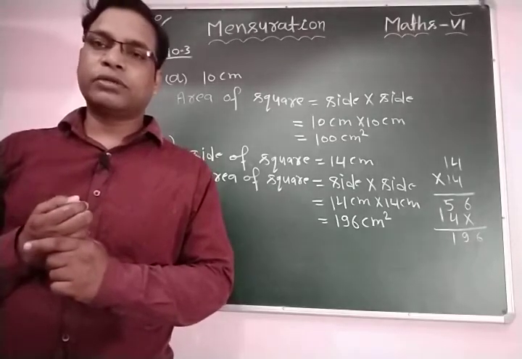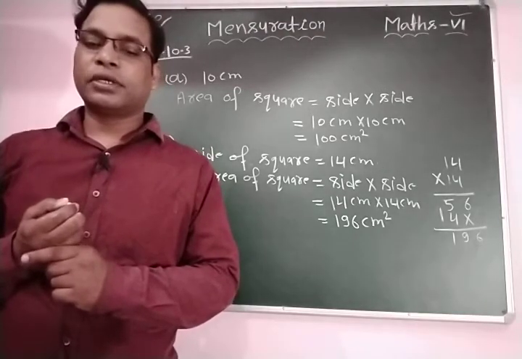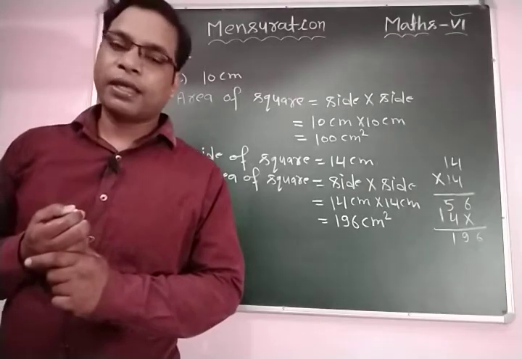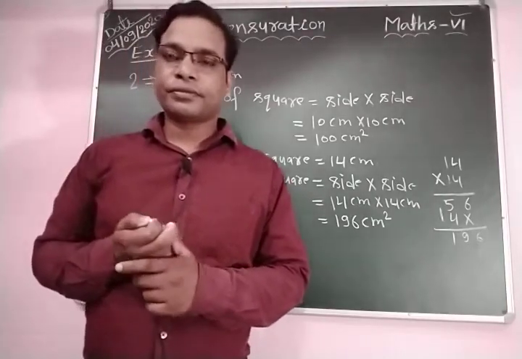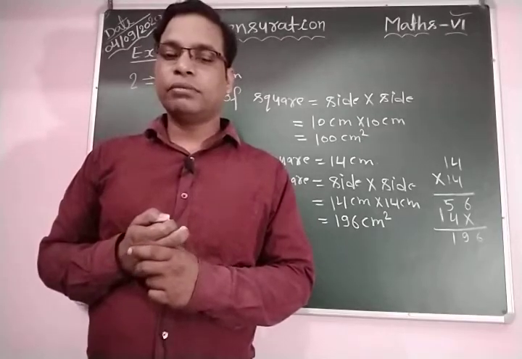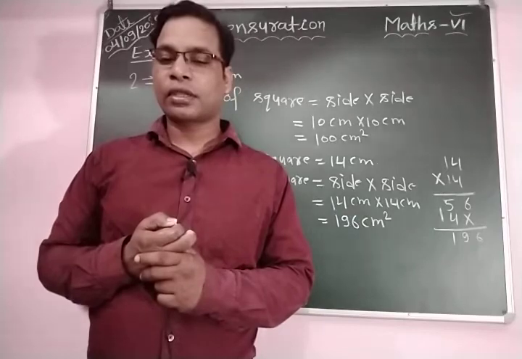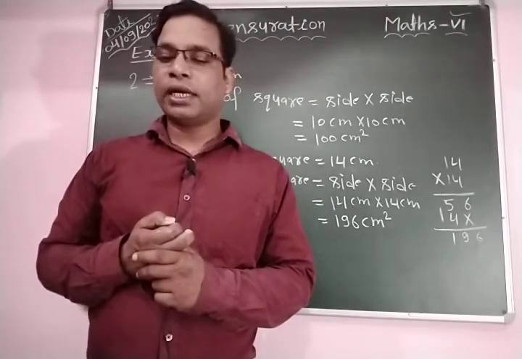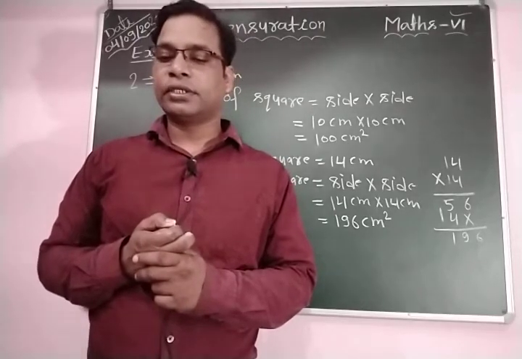because in question number 3 also we found the area of rectangles whose length and breadth are given. So we are going to find question number 4. Question number 4, area of rectangle: the area of a rectangular garden 50 meter long is 300 square meters.